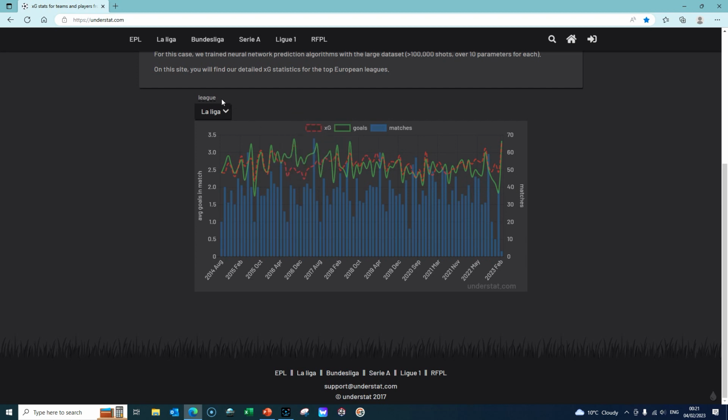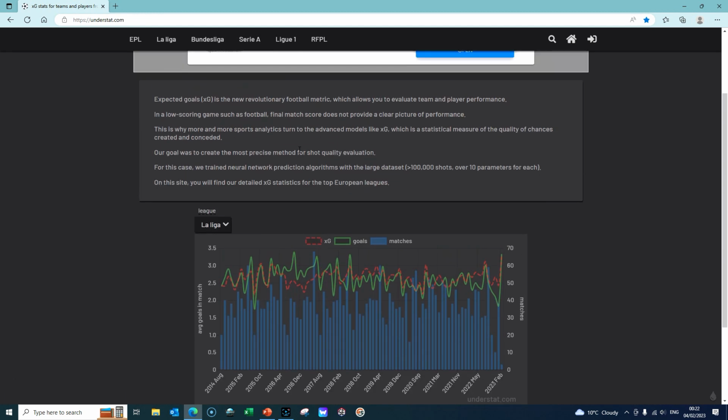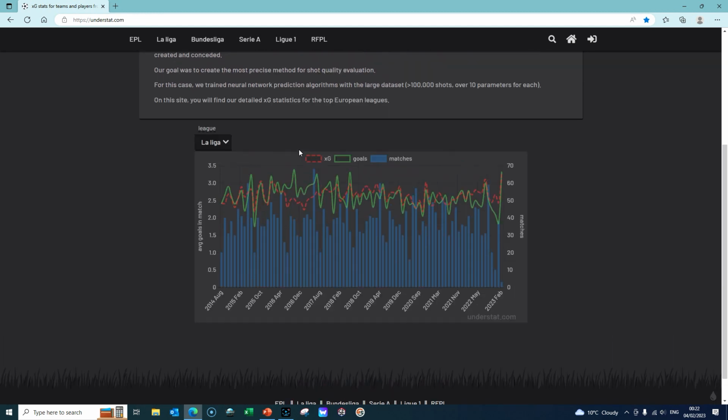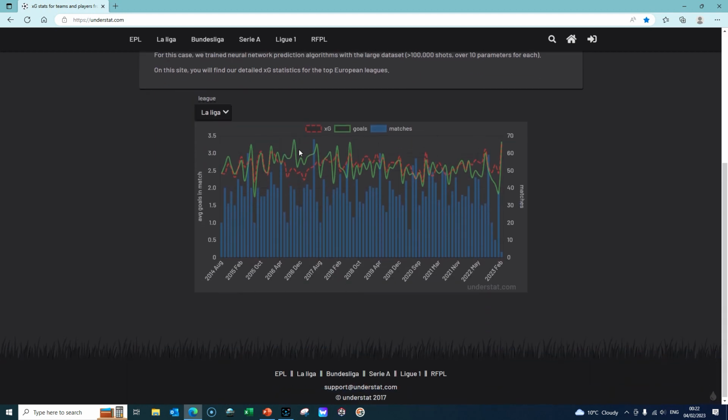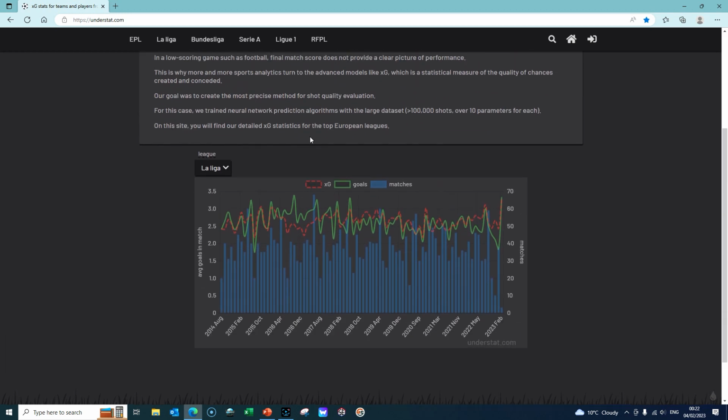So just bear in mind, this site is actually called understat.com. It's a great site if you want to look at XG, and I well recommend taking a look at it. It's no good for trading live, because it doesn't offer live XG, but what it does offer you is how many goals per game on average per league, and so on.